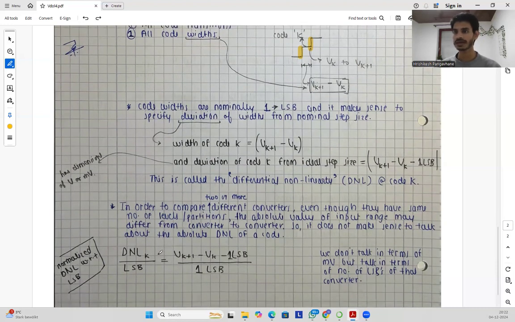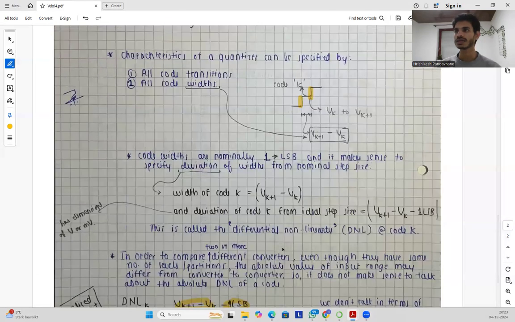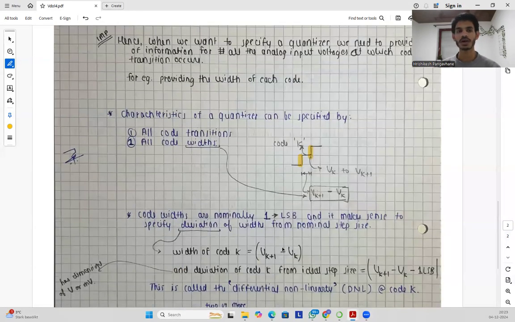When we normalize DNL with respect to LSB, we get the deviation, which is the difference between the width and the LSB. We don't talk in terms of millivolts, but in terms of the number of LSBs of that converter. So this is the introduction to quantizer.